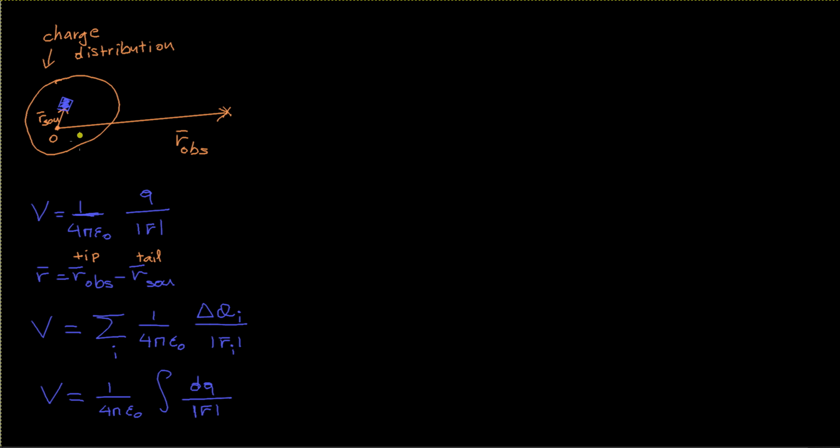Now, the process that I use when I have a charge distribution is to cut it into small pieces. I take an arbitrary piece, delta q sub i, and assume it is a very small piece, so I use the expression for the potential from a point charge to find the potential here due to this delta q.